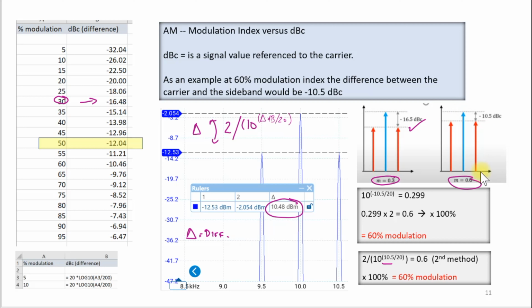If I have a modulation index of 60% or 0.6, I'd come over here, and you can see that I should have a difference between the carrier and the sideband equal to about 10.5 dBc, with reference to the carrier. So it's the difference between here and here.